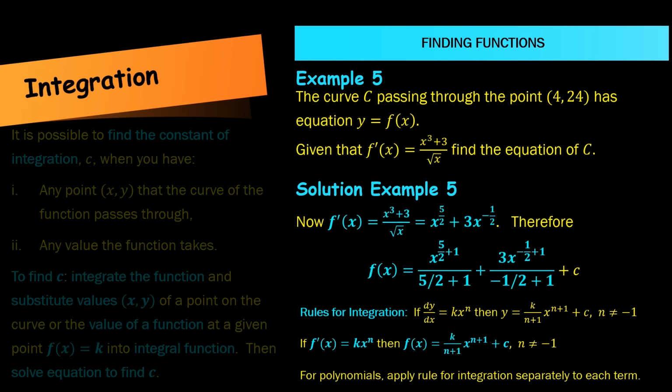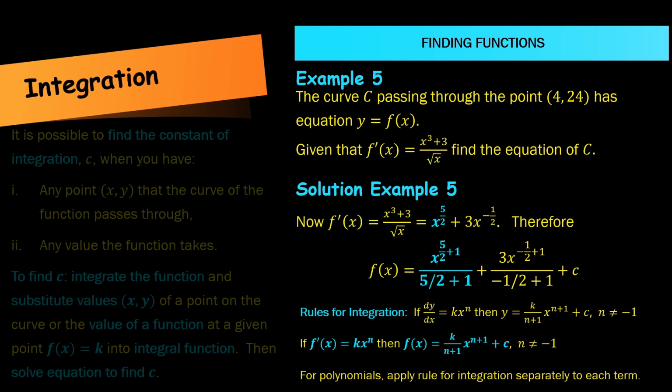We're going to use the highlighted law for integration. So add 1 to the power of x and then divide by that new power. So we have x to the power 5 over 2 plus 1, all over 5 over 2 plus 1.